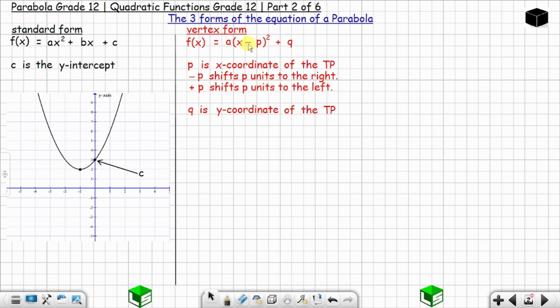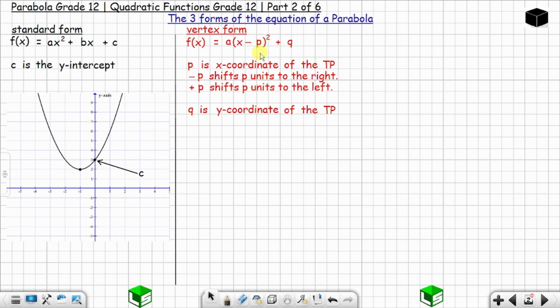If you have negative 3 there, when you take it out it's positive 3, so the x coordinate of the turning point is positive 3. When you have plus 3, the x coordinate is negative 3. So you have to change the sign when you take it out of the bracket.